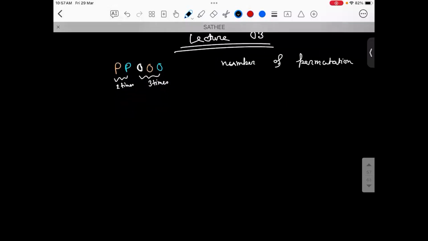Now check something. We already know the example GOOD. For GOOD, if these 2 O's are treated as different for permutation, but in the case of a repeated element, where 2 elements are indistinguishable, we consider these 2 elements as the same element.